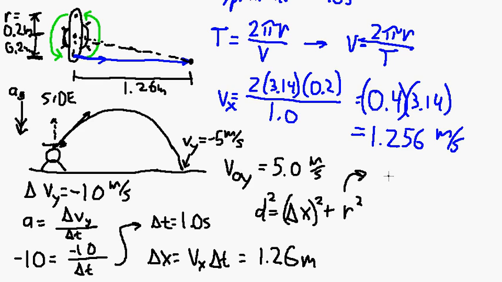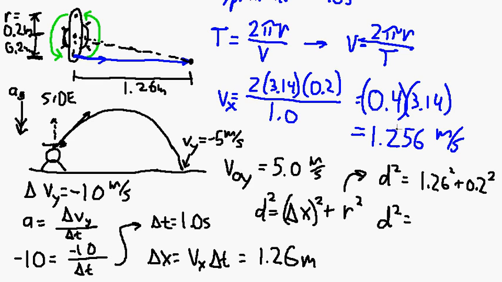So let's go up here and say d squared equals 1.26 squared plus 0.2 squared. I'm still in view. Okay. And so d squared equals, let me see if I can pull my calculator out and do this real fast. It's not going to be much different from 1.26 because the radius of the sprinkler is pretty small.